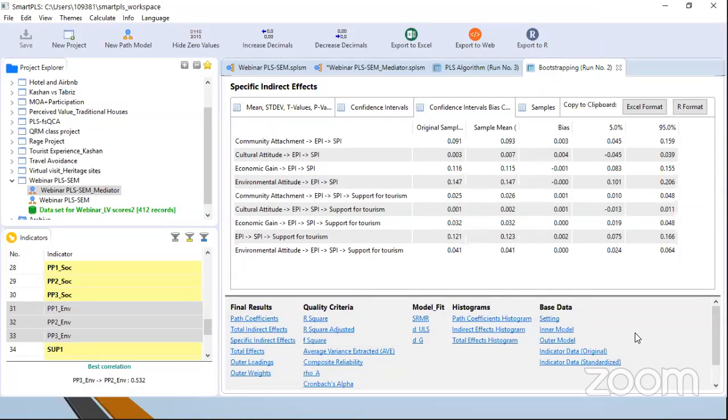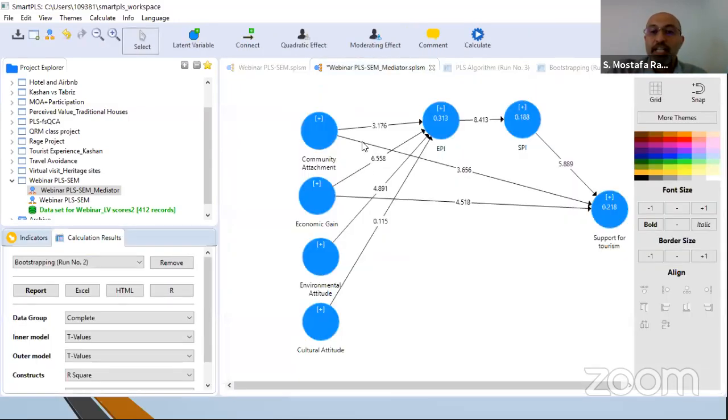So reporting and interpretation is based on your hypothesis. If you hypothesize, for example, this direct effect of community attachment on support, or, for example, an indirect effect of community attachment on SPI, this is meaningful in your research, based on your objective.